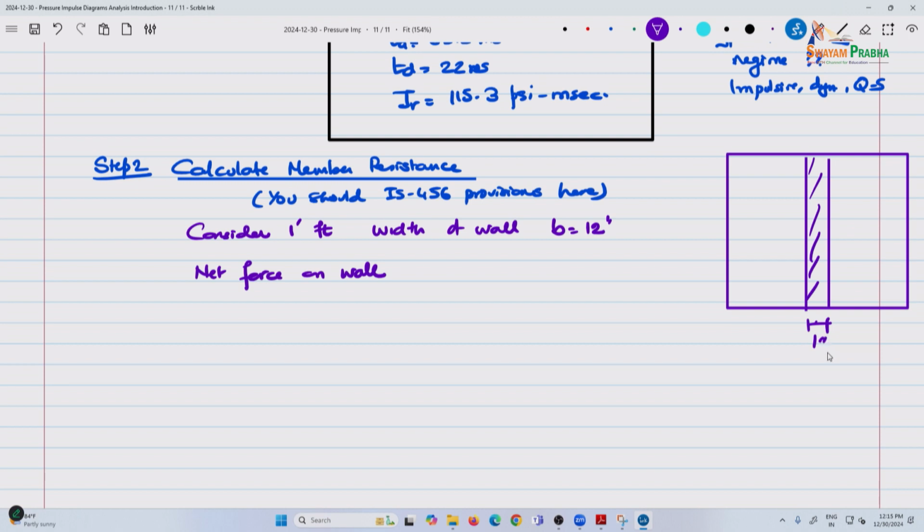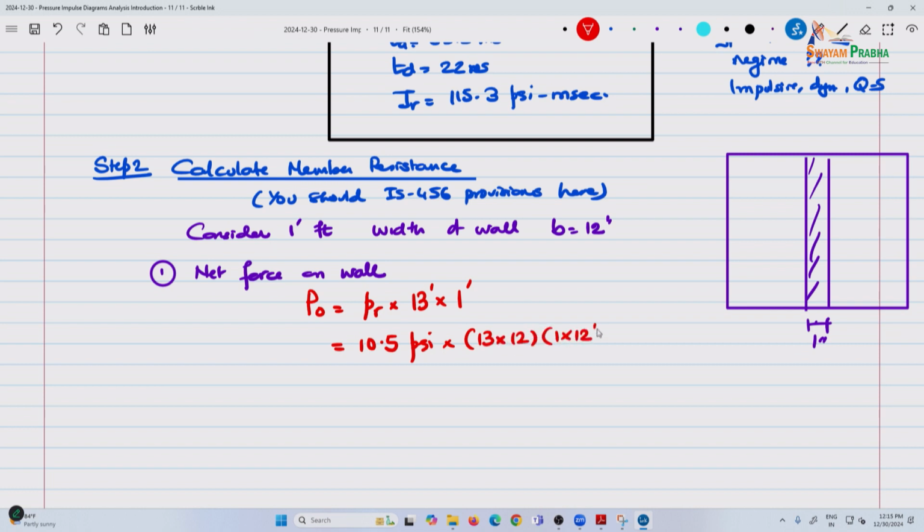That's fine, but design wise we assume the pressures to be uniform. So the net force on the wall P naught is PR multiplied by 13 feet multiplied by 1. So this is 10.5 psi multiplied by 13 times 12 times 12, divided by 1000, which comes to 19.656 kips.